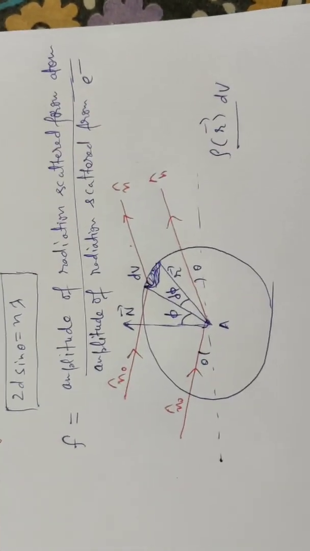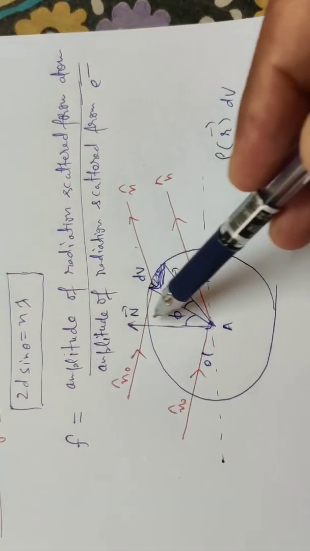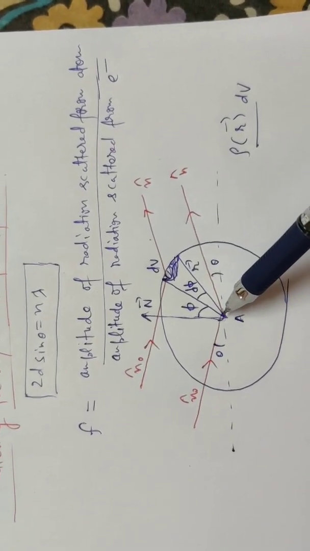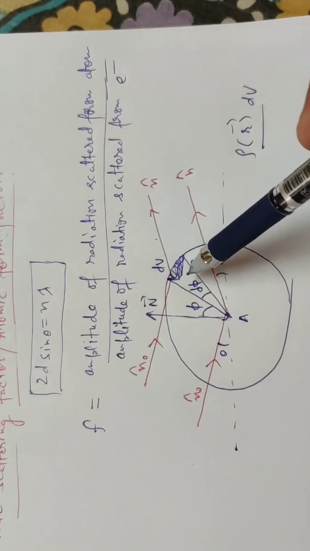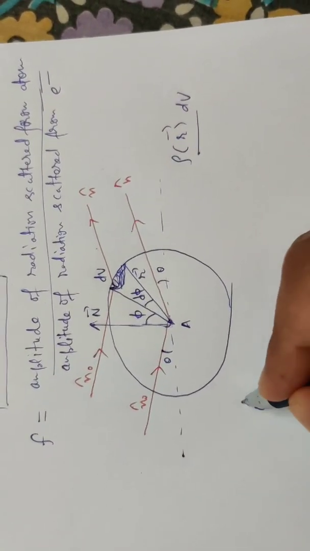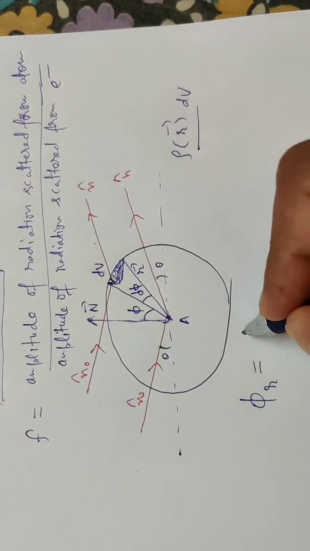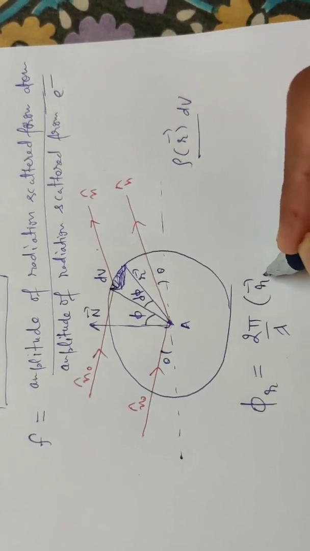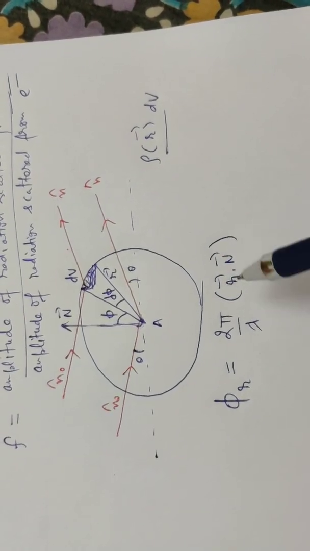Let us consider that scattering occurs along this direction N. Then the phase difference between the wave scattered by the point electron and the wave scattered by this volume charge distribution is phi r, which is 2 pi upon lambda into the path difference r dot n. Phase difference is 2 pi upon lambda into path difference.